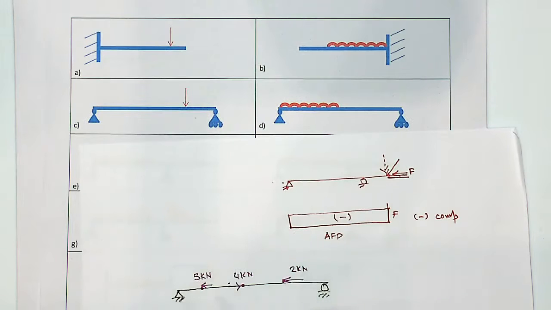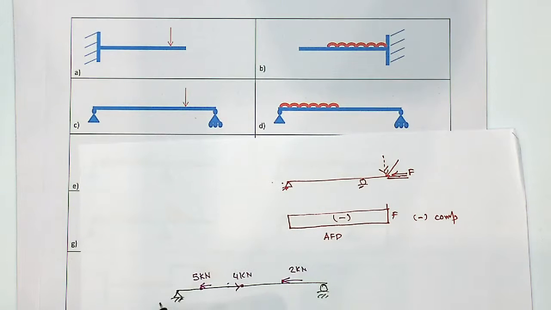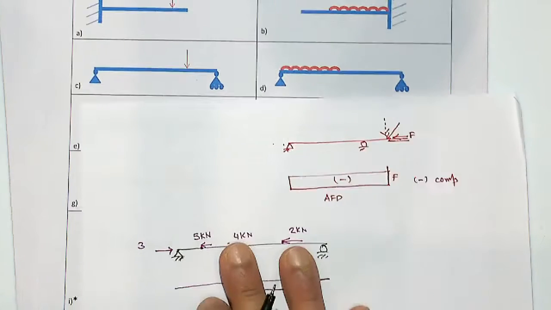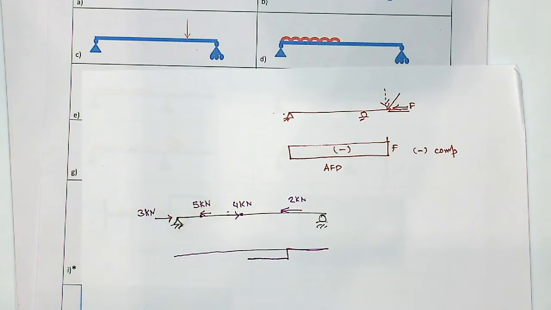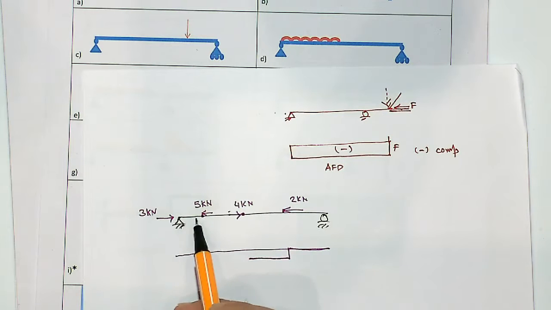You first of all think about what would be the reaction force here. So 5 this way, 2 this way, 7, and 4 in that way. So that means there is definitely 3 kilonewton reaction force in this direction, because that force must be balanced by these two reaction forces on this side.